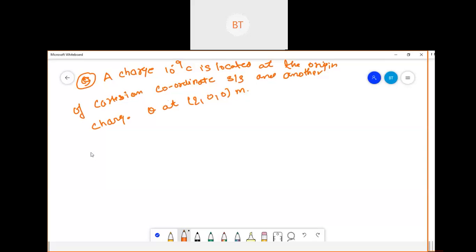The question was: if the x component of the electric field at 3, 1, 1 meter is 0, calculate the value of q.